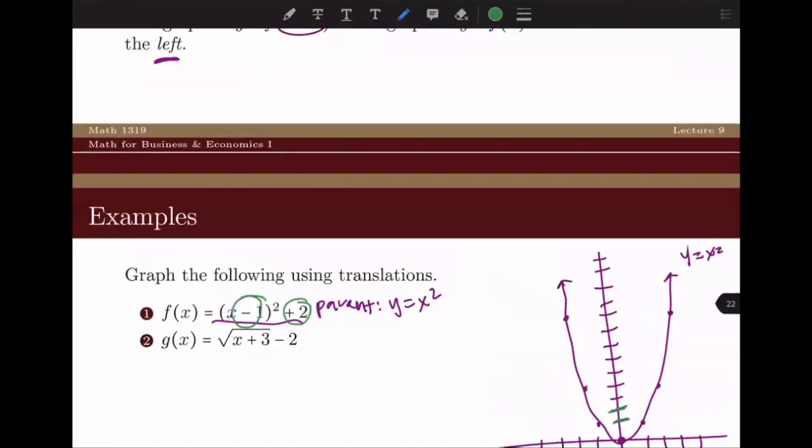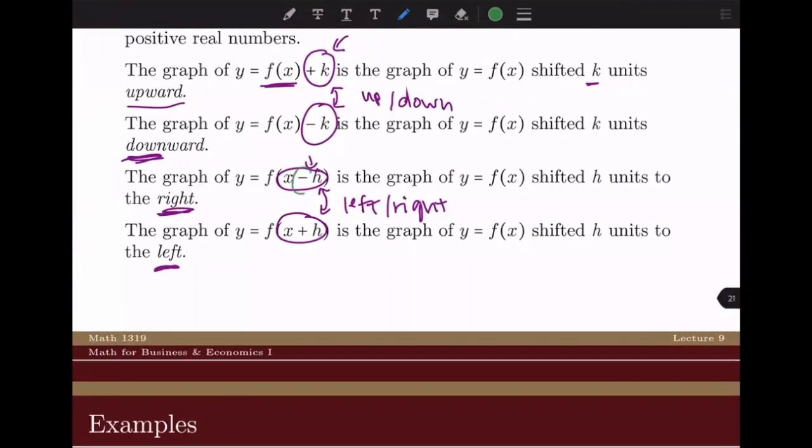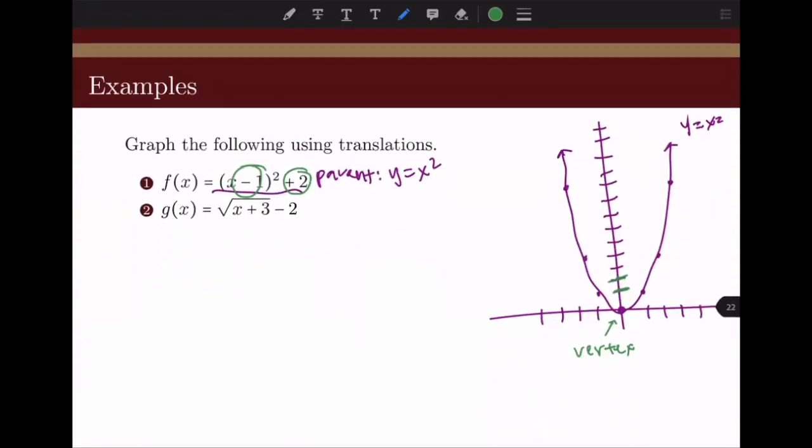And remember, according to the rule, when it's minus, we're going to the right. So that means I'm going 1 unit to the right. So this is 2 up, 1 to the right, which is going to be 1 this way. Now I'm going to pick this point. I'm going to go up 2 and over 1. So that's here. And you do that with each point.